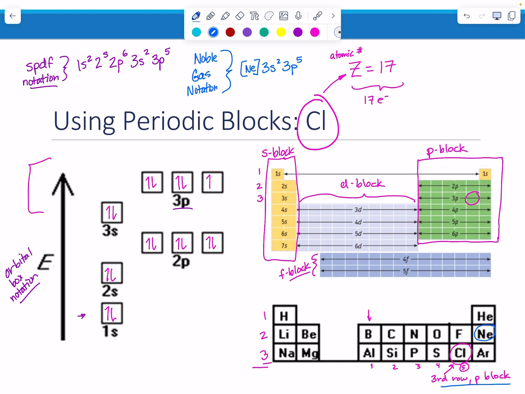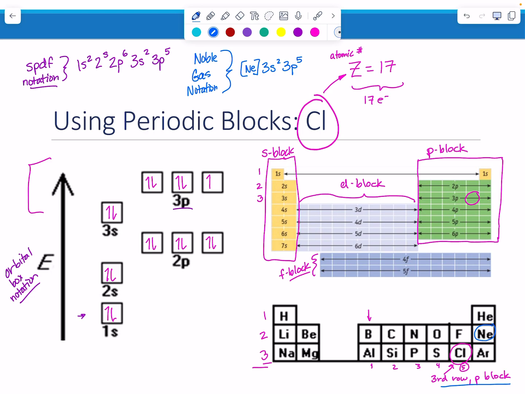Neon, again, has 10 electrons. How is neon closer to it than argon? Because it has fewer electrons than argon. So we can't say it has the core electron configuration of argon, because argon has more electrons than it. It's like when you're playing a guessing game with numbers, and it's like, who can get closest without going over?